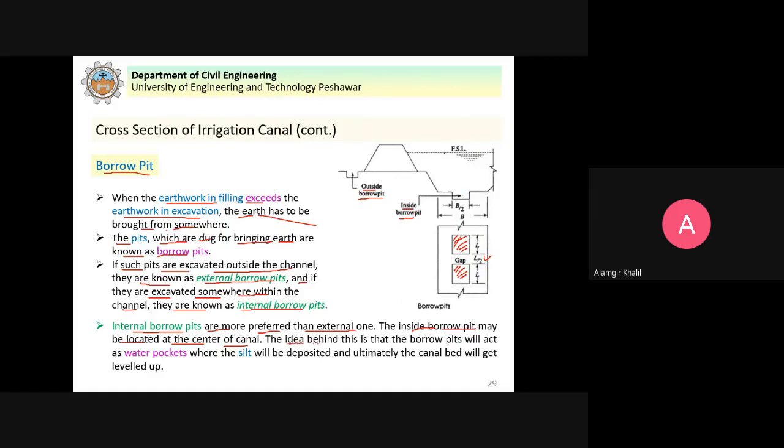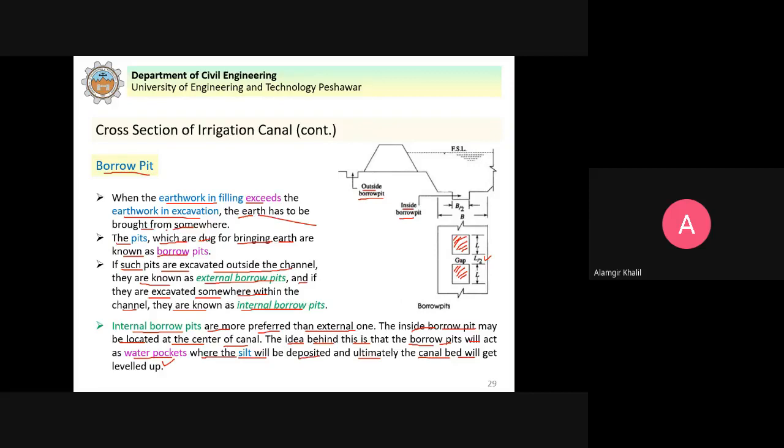The idea behind this is that the borrow pits will act as water pockets where the silt will be deposited, and ultimately the canal bed will get leveled up. So what is the idea behind these borrow pits here inside the bed of the channel?